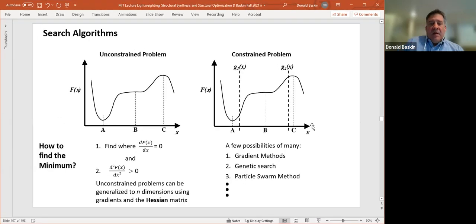Here we go. So this is the slide that we stopped at in our previous lecture. If you remember, we were talking about objective functions and finding the maximum and minimum of an objective function.